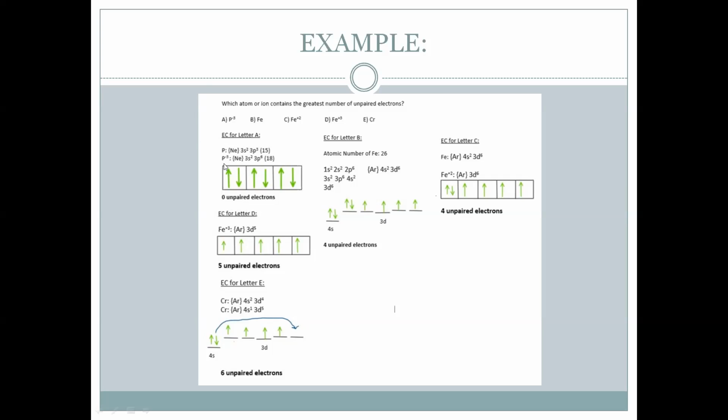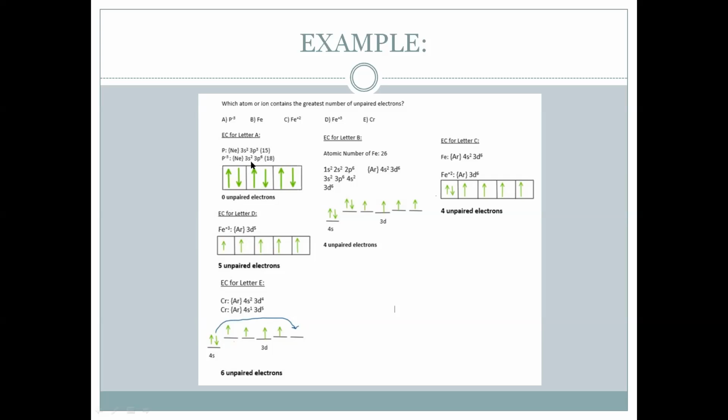Okay? So, anions are negatively charged ions. Cations are positively charged ions. Okay? So, all we need to do here is to add 3 electrons. Kaya naging 3p6 instead of 3p3 yung electron configuration ng phosphide ion. Okay? Resulting in 18 electrons or 18 atomic number.